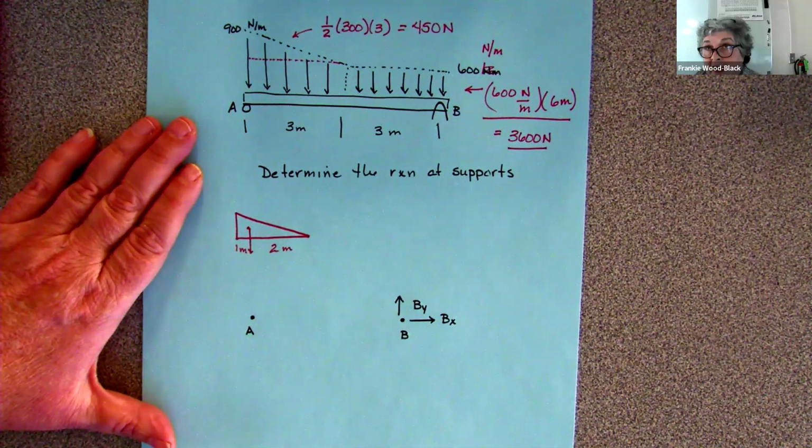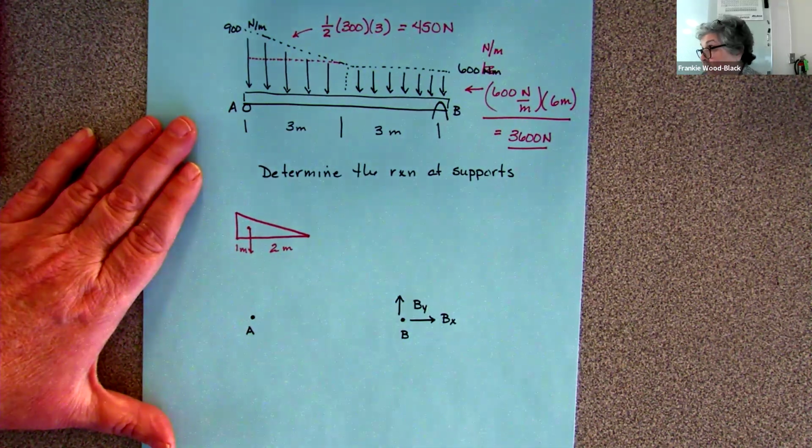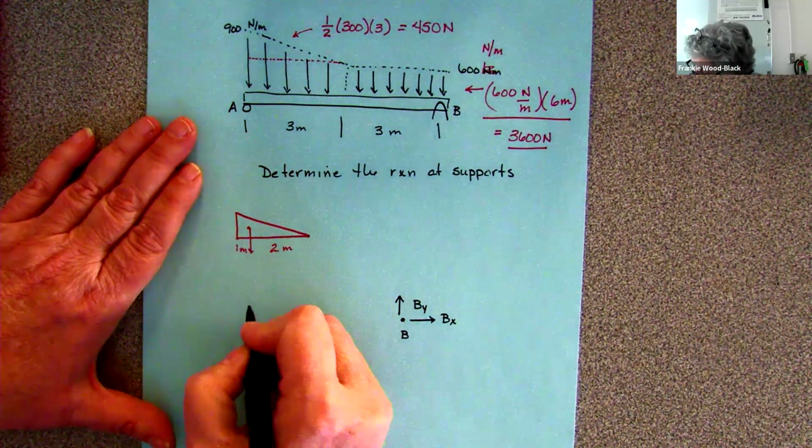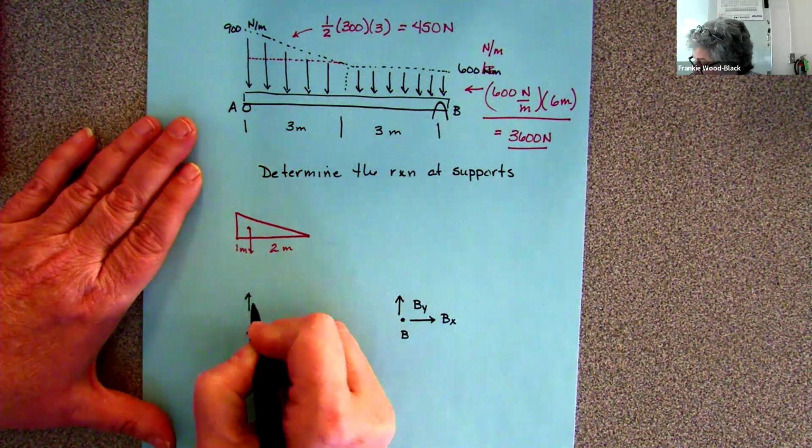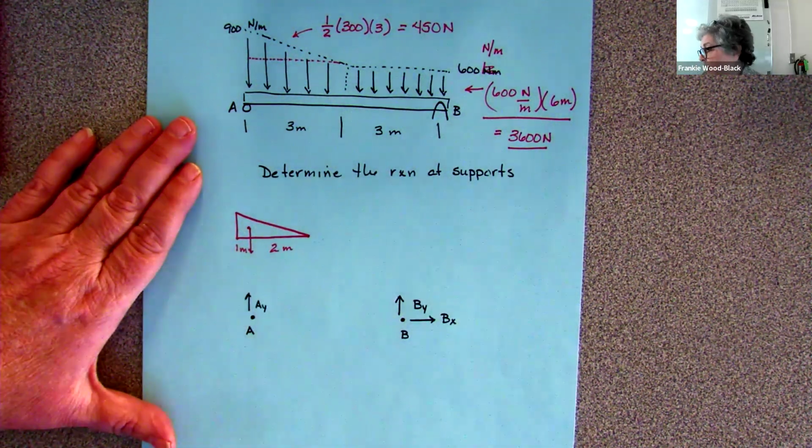Now, if we guess wrong, all it's going to do is tell us we have a negative. So I have my AY, my BY, and my BX.